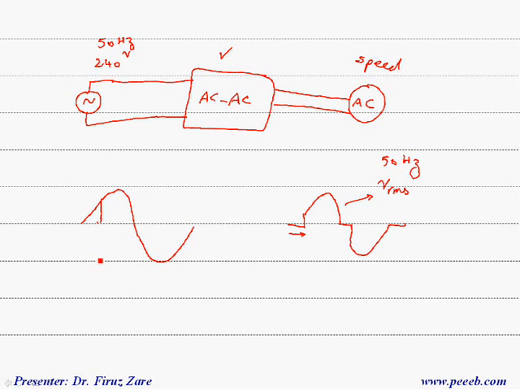So in this case, we need to change the topology. For a high power converter, if the input voltage is the AC grid voltage, a higher power converter can be used for a high power drive system.